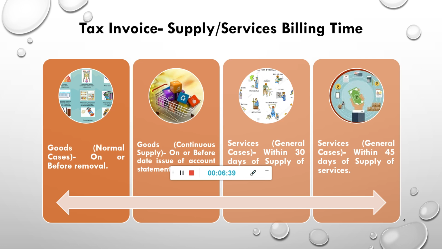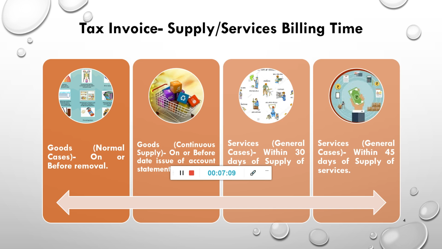The government may, on the recommendation of the council, by notification, specify the categories of the goods or supply in respect of which a tax invoice shall be issued within such time and in such manner as may be prescribed. So basically, we are talking about goods under normal sales and goods under continuous supply, then services in the general case, and services again, continuous, in case of bank and NBFC.